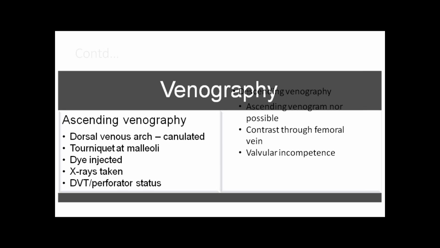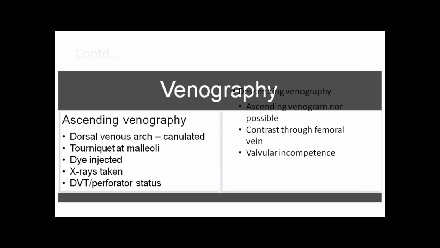The dye is injected, and after injection we will take the X-rays. With this we can exclude the presence or absence of DVT and the perforator status. But nowadays we are not doing venographies, only the duplex scan.